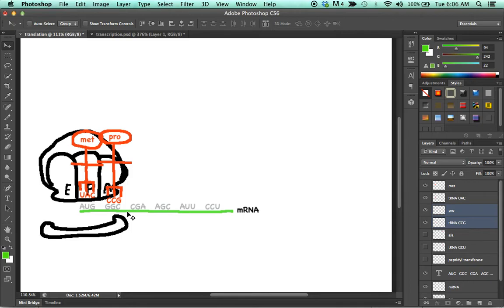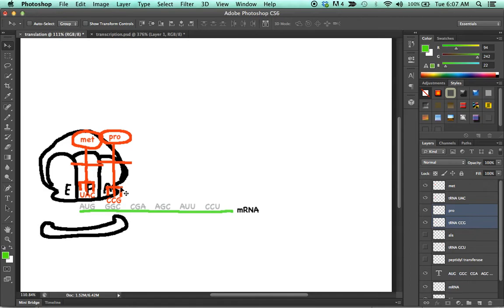So in the first step, specific tRNA molecules enter the ribosome because the anticodons complement the codons in the mRNA. Therefore these two tRNA molecules occupy the P and the A site of the ribosome.